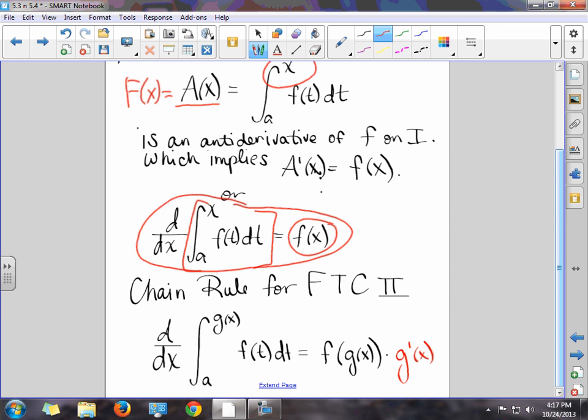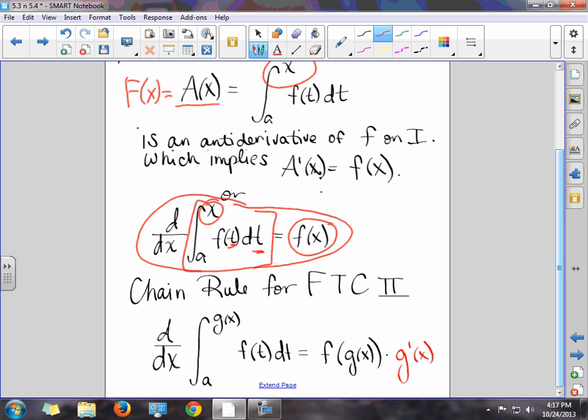A lot of the questions that are asked are just conceptual regarding the fundamental theorem of calculus part 2. A lot of them just want you to take the derivative of an integral and see what you get, which a lot of times just entails taking this upper limit of integration x and plugging it in for whatever variable they've defined f under.